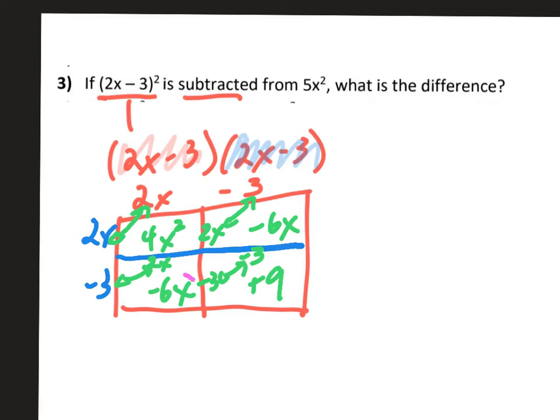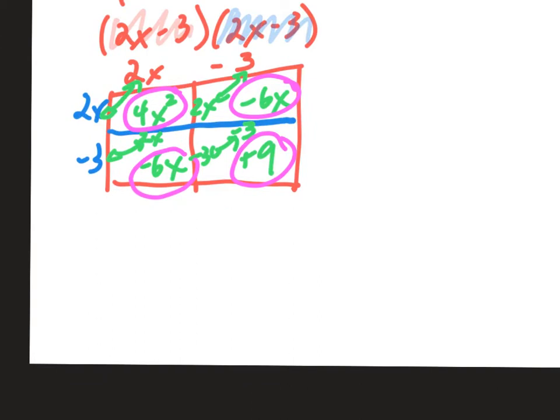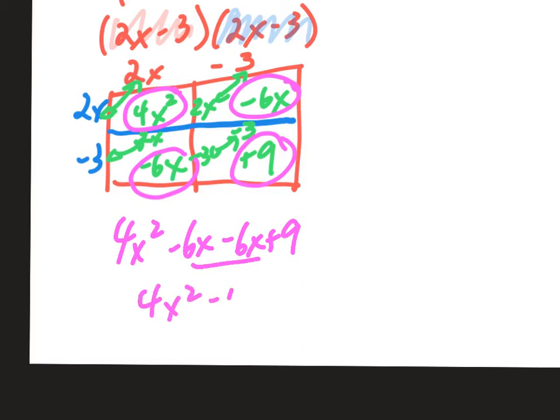So these are the terms I want to bring out so that I can combine them to get a more simplified expression. Let's move down a little. This is going to be 4x squared minus 6x plus 9. I have these like terms over here, so I'm going to combine them to get 4x squared minus 12x plus 9.